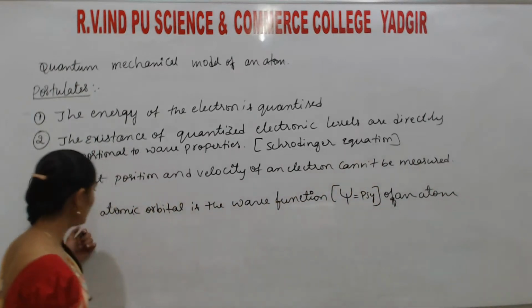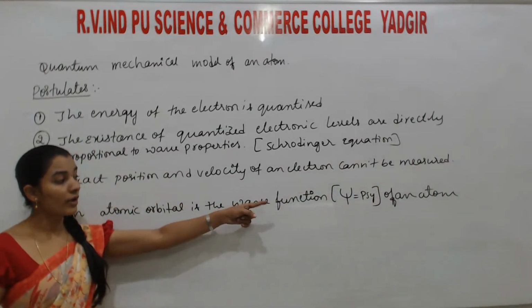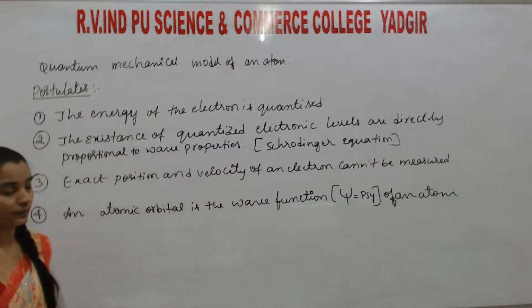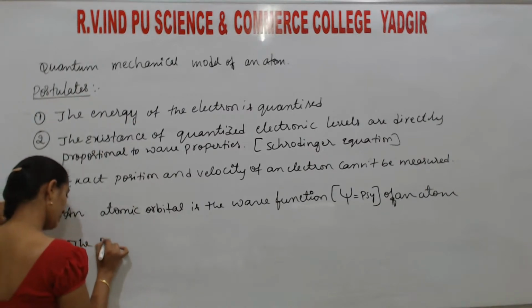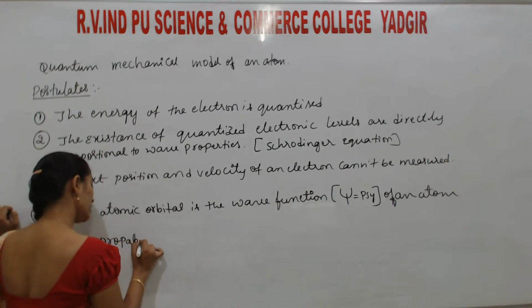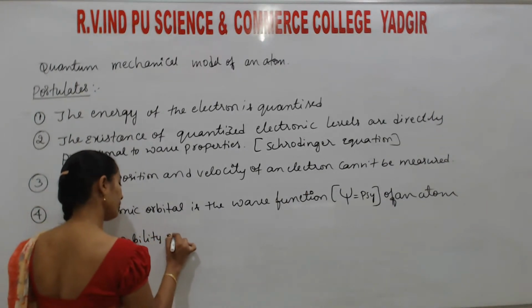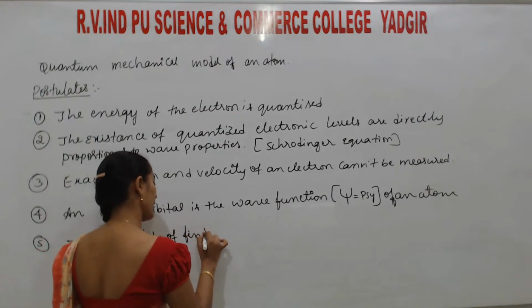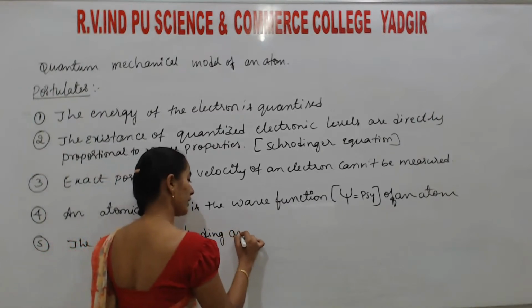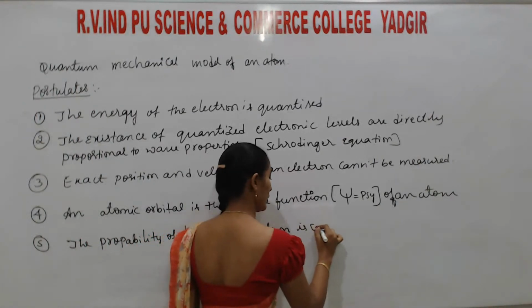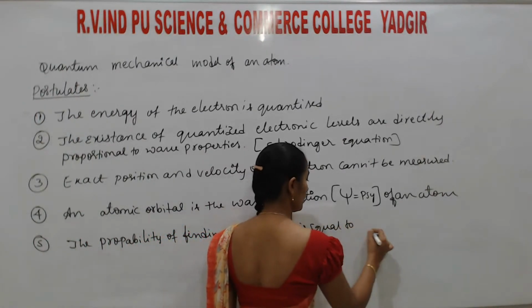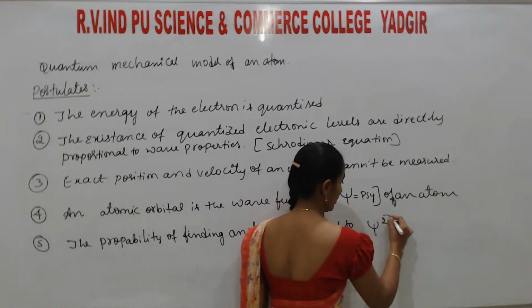The atomic orbital is the wave function of an atom. Next, the last one: the probability of finding an electron is equal to psi square.